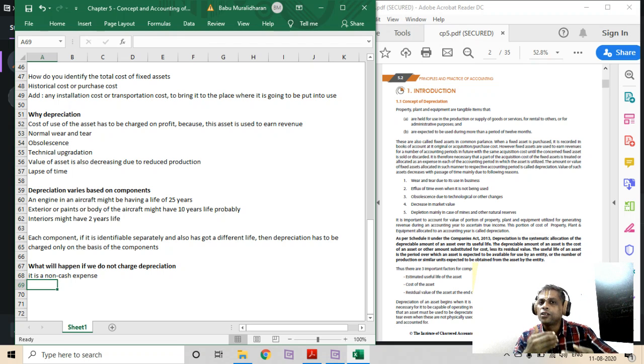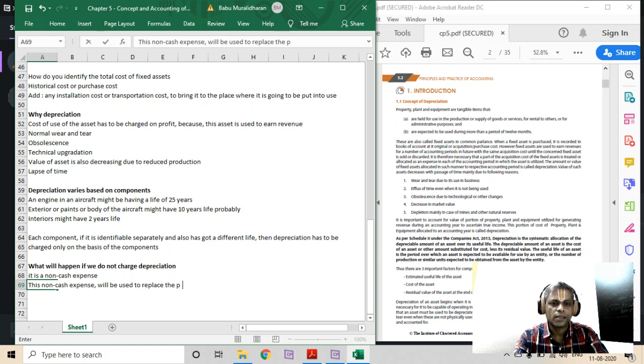It is a charge on the profit, right? So it is a non-cash expense. This non-cash expense will be used to replace the product when its original life expires, right?